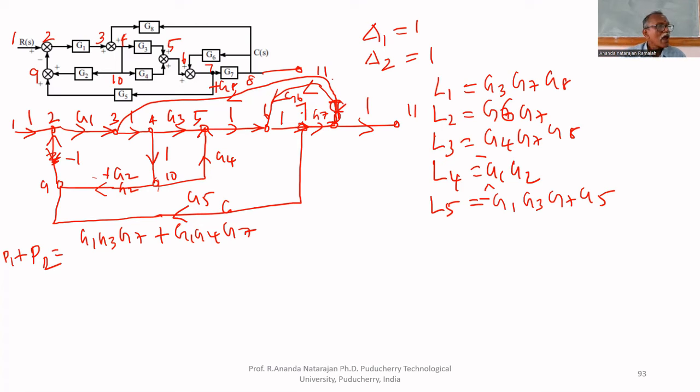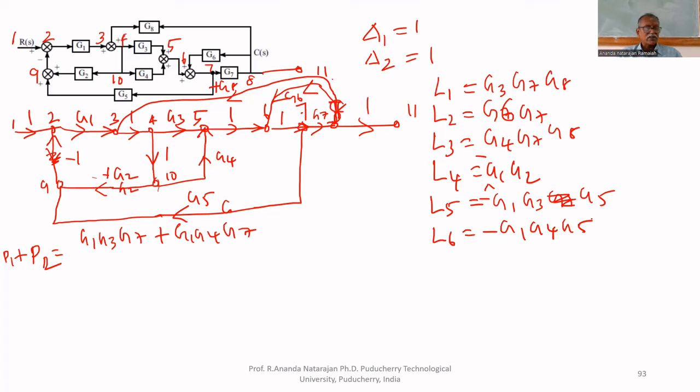G1, G3 only. G1, G3, G4. Okay. The same way G1, G4: L6 is minus G1, G4, G5. Instead of G3, I can consider G4, G5.